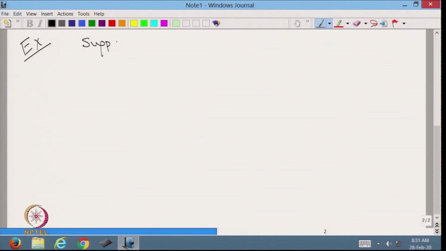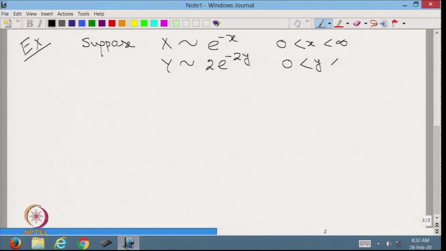Suppose x is a random variable which is distributed as e to the power minus x, 0 less than x less than infinity, and y is another random variable which is distributed with this PDF again, 0 less than y less than infinity. So, you understand that these are exponential with parameter 1 and exponential with parameter 2 respectively.